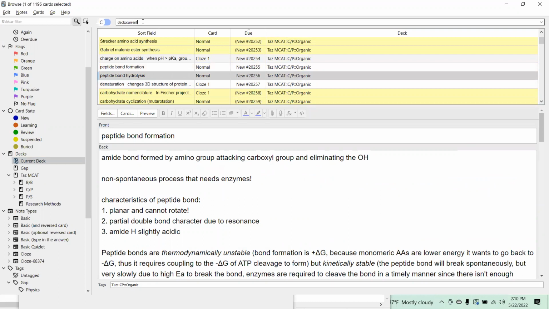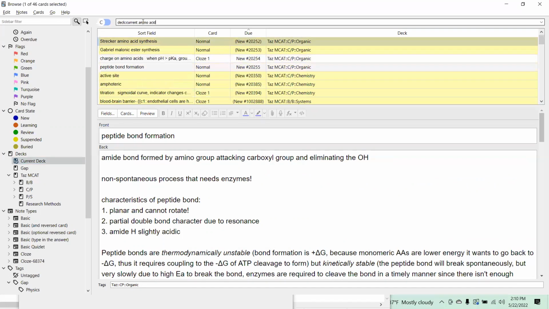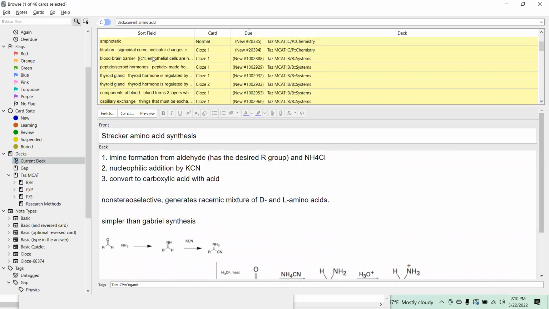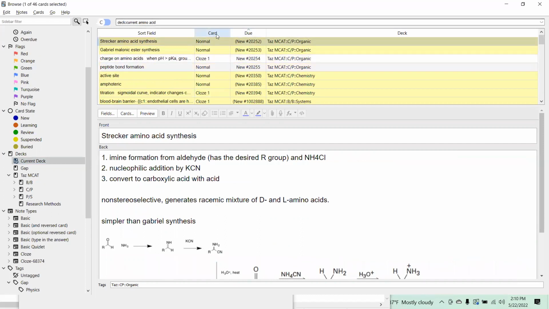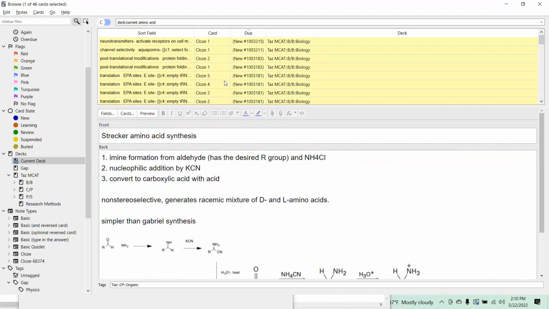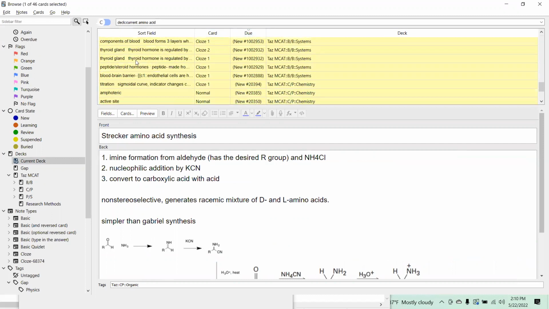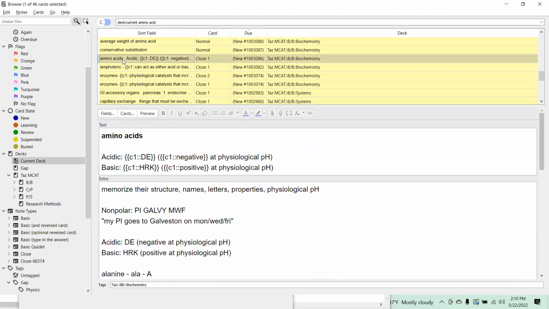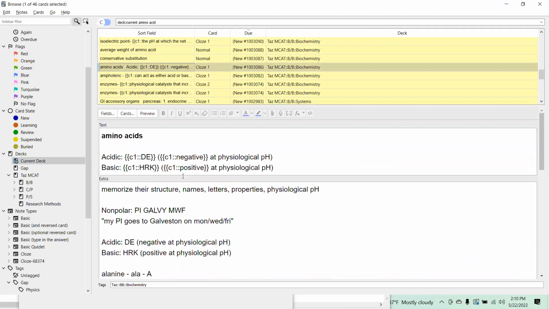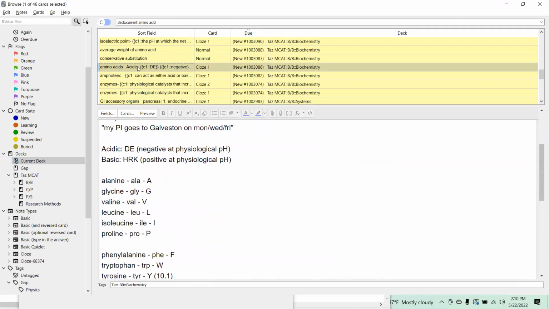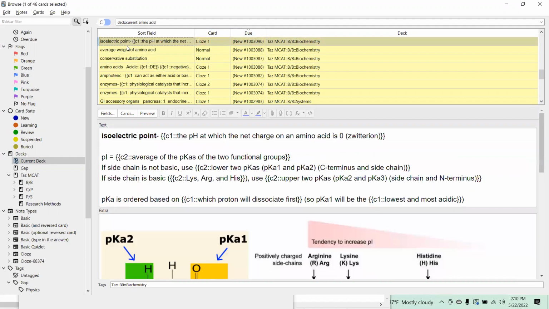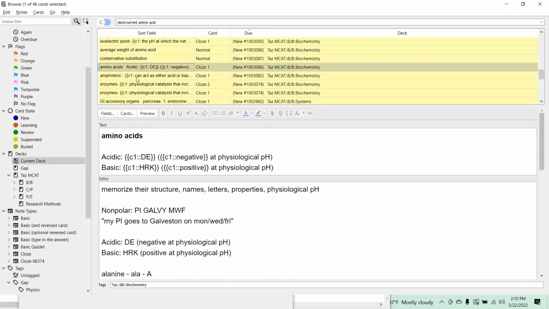And let me just search for amino acid. Where is my amino acid card? Oh, here it is, amino acids. So this has some random stuff about amino acids, and you're going to want to unsuspend that.